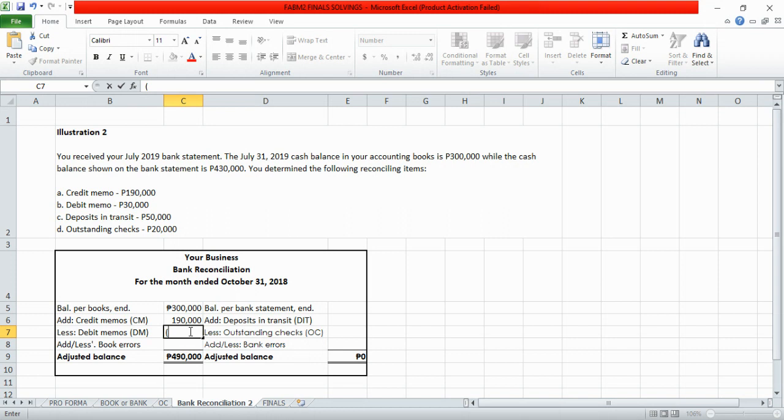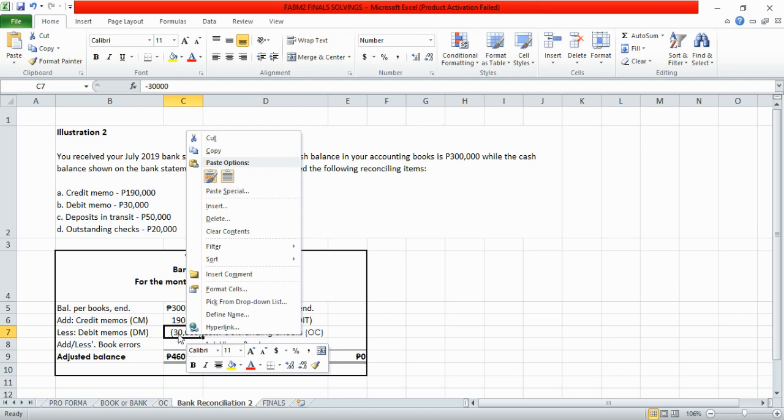So that is 30,000 pesos in parentheses. If you check this one, the value here is negative, because that is less, right? A deduction. We don't have a negative value for money, so we just put parentheses instead of a negative sign.